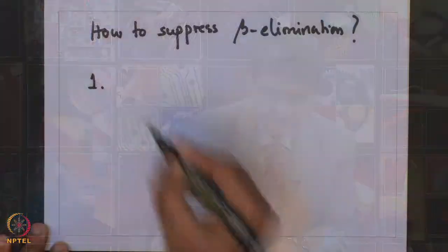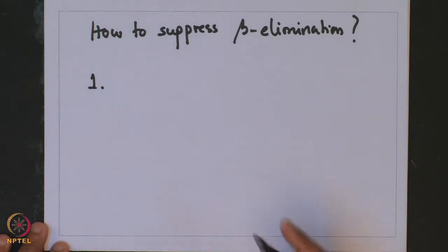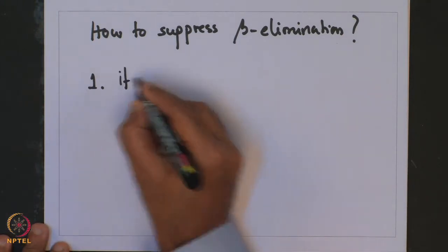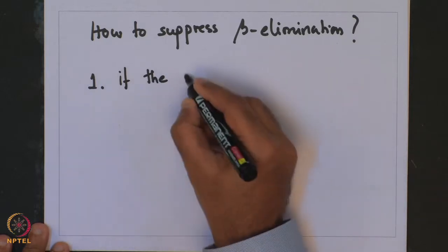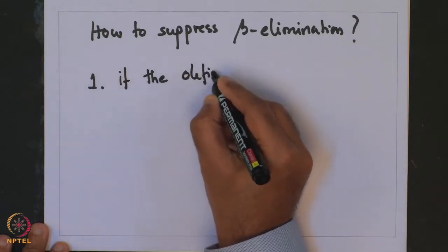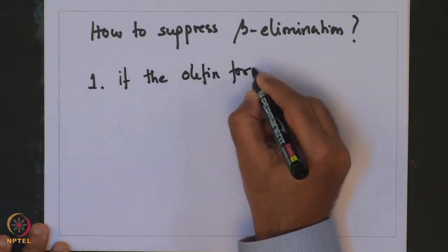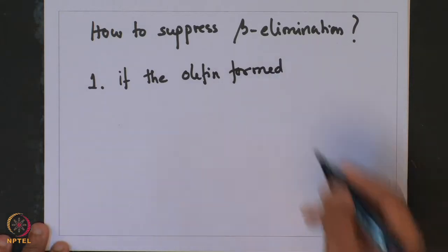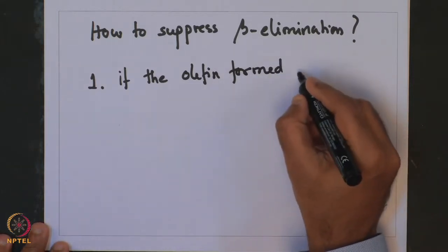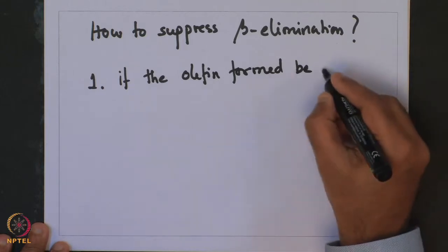So, the first strategy was that the olefin formed should be energetically unfavorable.